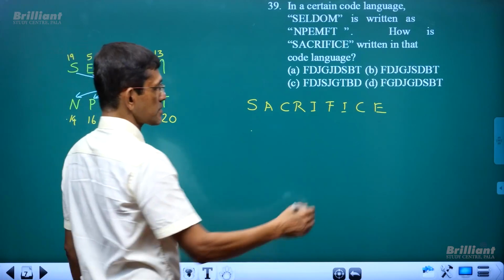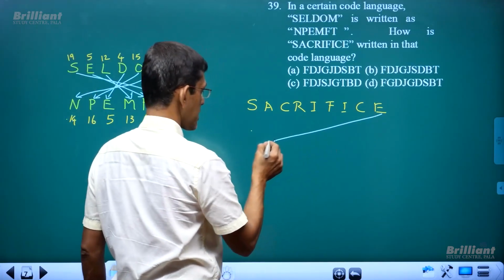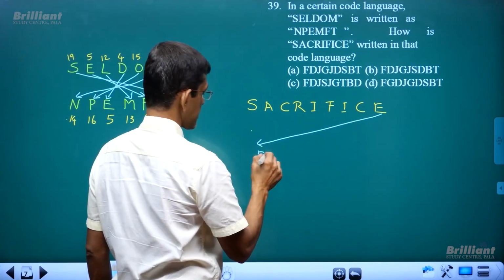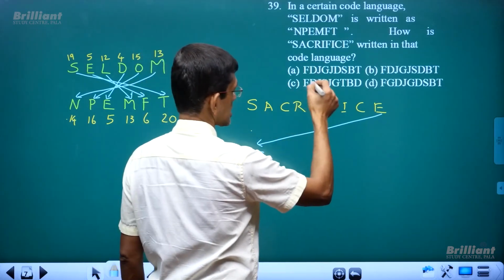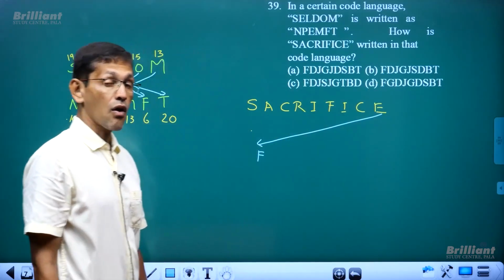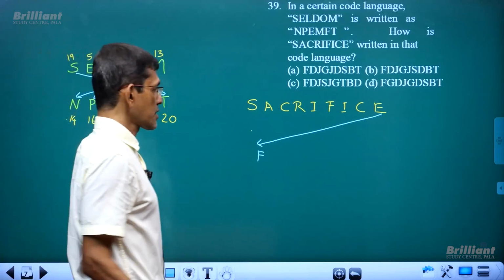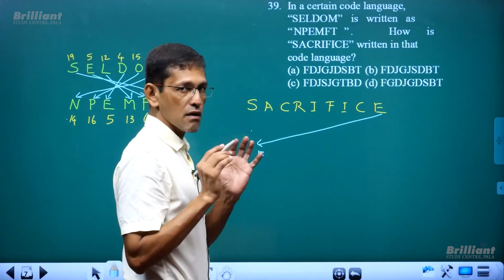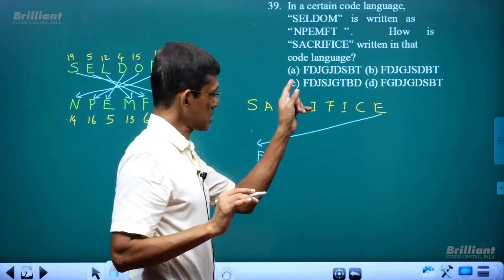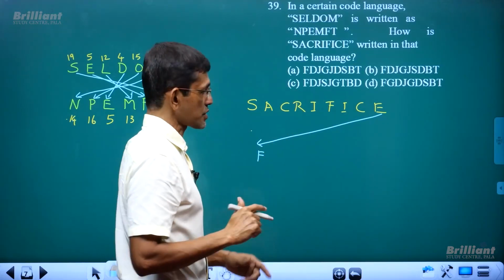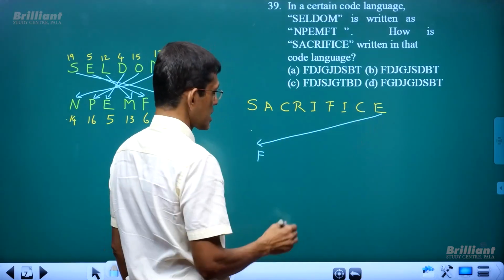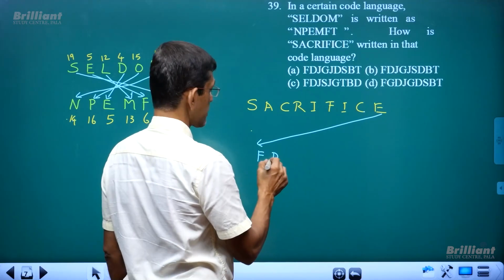Similarly, we have E here. E plus 1 must be F. So the first letter of the answer is F. In all the answer choices, it's F. So the pattern we are going for is correct in accordance with the answer choices. So of course, next one C. C plus 1 is D. So FD.